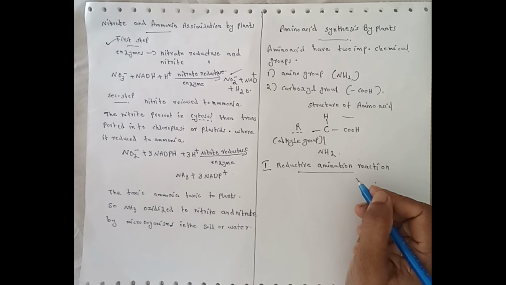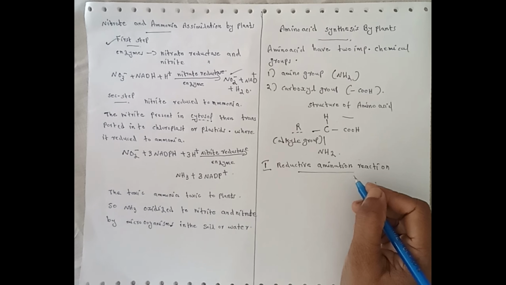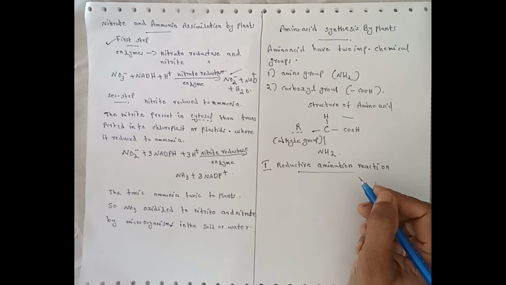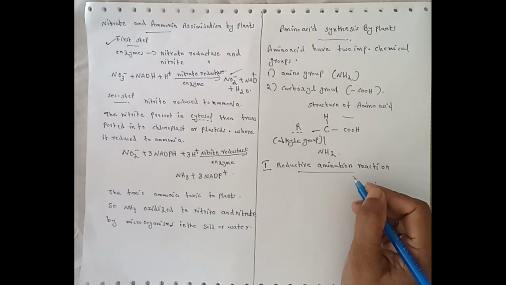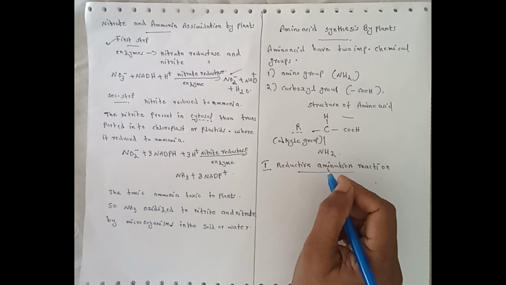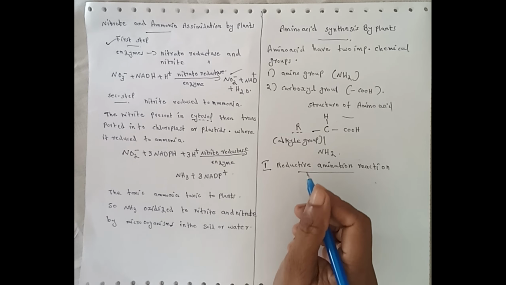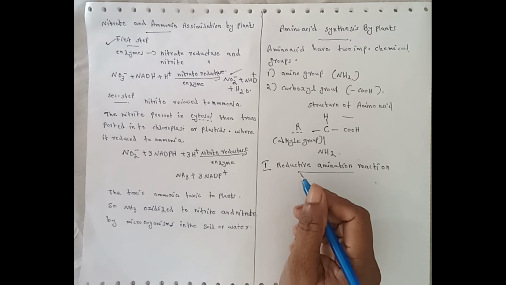In this reaction, ammonia combines with a keto acid. The important keto acid is alpha keto glutaric acid, produced during the Krebs cycle.